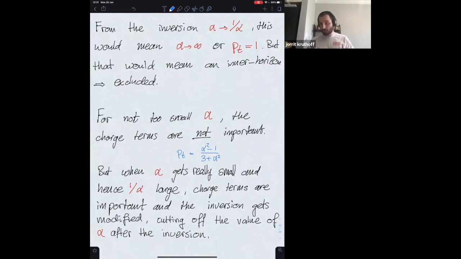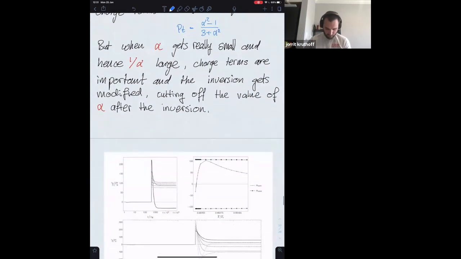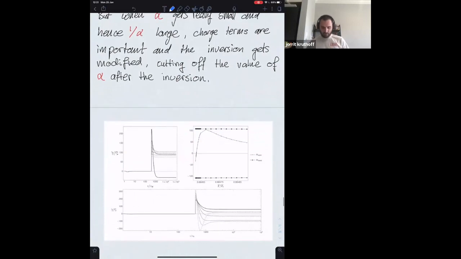Charge terms are important again, and the inversion actually gets modified. It basically cuts off the value of alpha after the inversion. And in particular, here I've plotted such a situation where alpha gets really, really small.